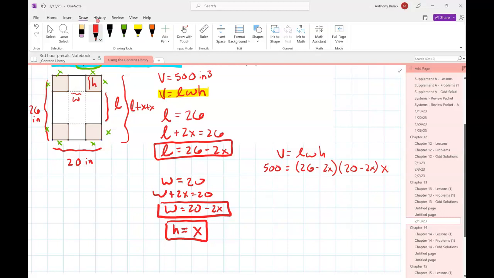So far, so good? Okay. I'm going to FOIL that part out. When I do that, I get 4x squared minus 92x plus 520.